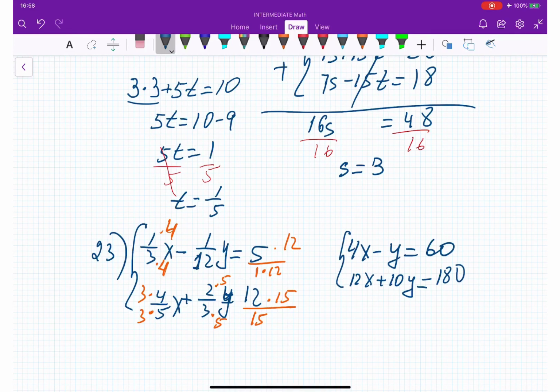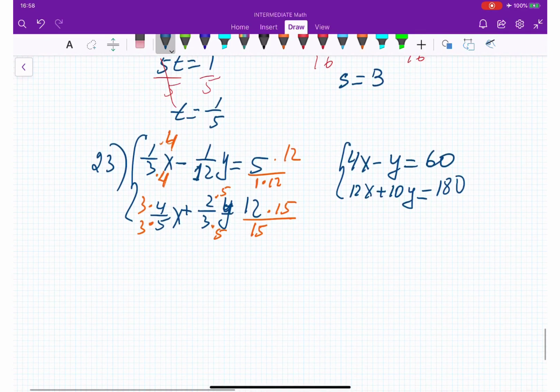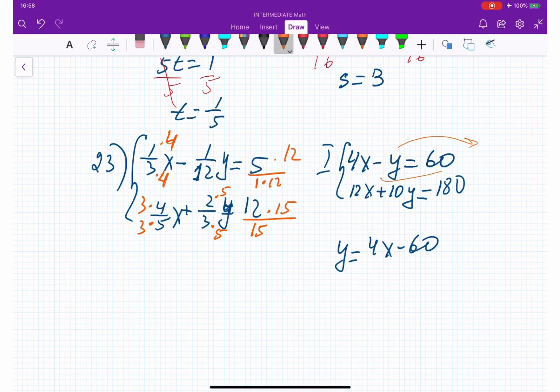Okay, now it's asking to solve with method of substitution. So from the first one, y is equal to 4x minus 60. How did I get it? I moved this y to this side and moved 60 to this side. So 4x minus 60.